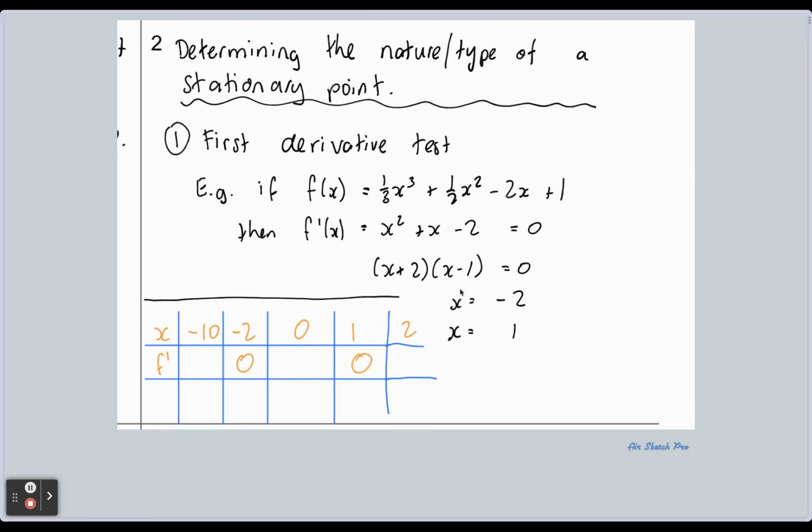Now I'm going to substitute my numbers into f dash of x to see what these values here are. So this one, and this one. Okay, so here we go. If I put in -10 into here, I'm going to have 100 - 10 is 90, -2 is equal to 88.